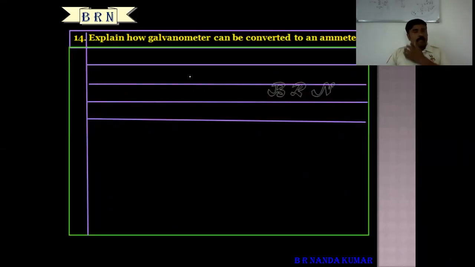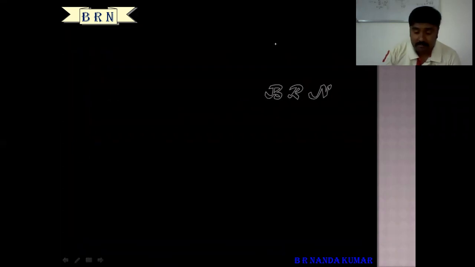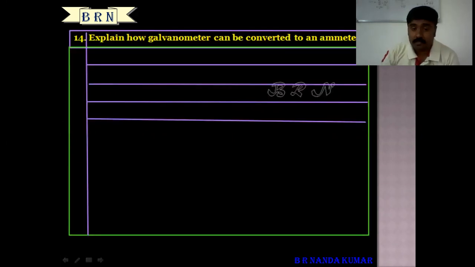So explain how a galvanometer can be converted to an ammeter. To convert a galvanometer into an ammeter, a very low resistance, that is called a shunt, must be connected in parallel with the galvanometer. To convert a galvanometer into a voltmeter, a very high resistance must be connected in series with the galvanometer.